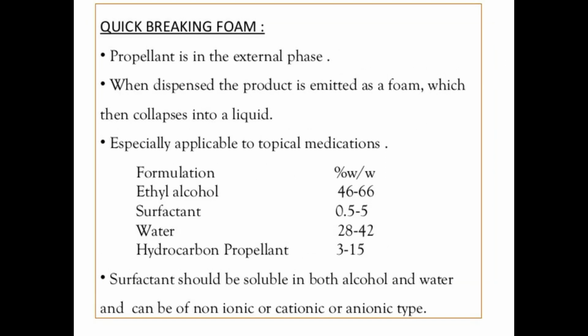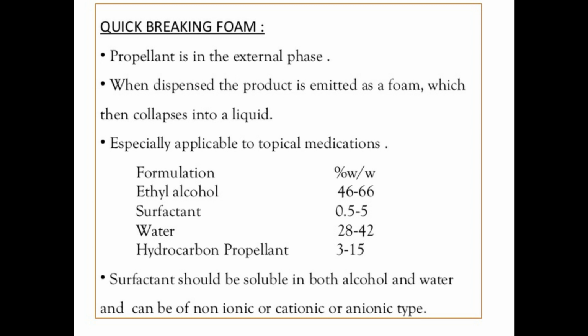Next one is quick breaking foam. Here the propellant is in the external phase. When dispensed, the product is emitted as a foam, which then collapses into a liquid, especially applicable to topical medications. We can see the formulation.